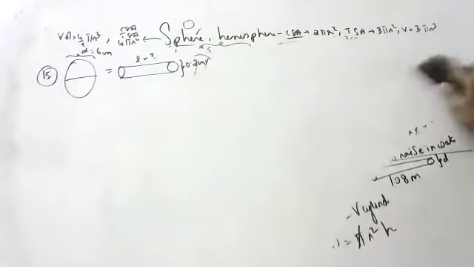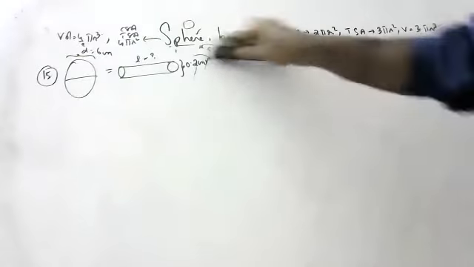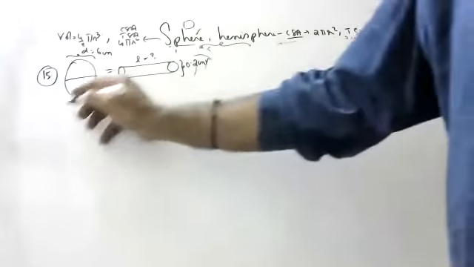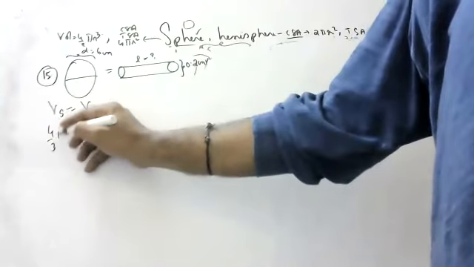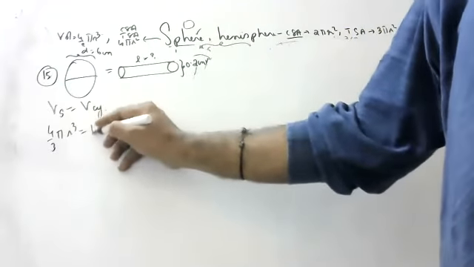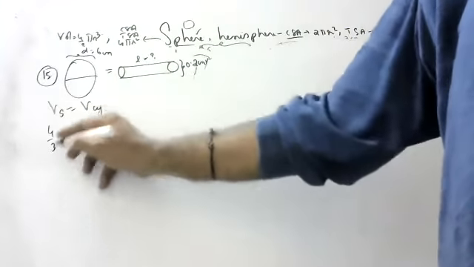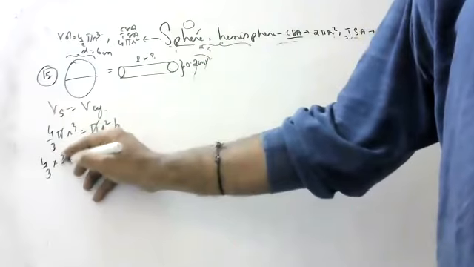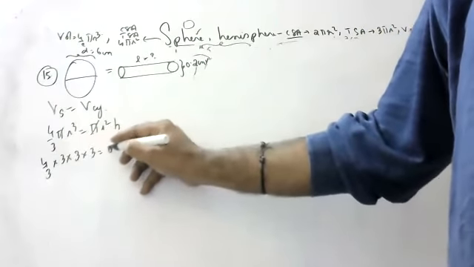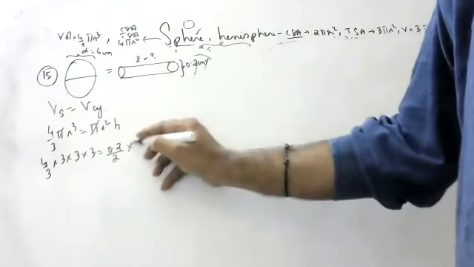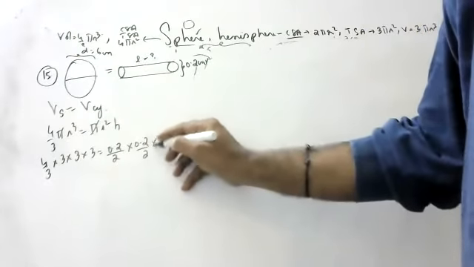Volume of sphere is equal to volume of cylinder. 4 by 3 pi r cube is equal to pi r square h. Pi cancel. So 3 into 3 into 3 is equal to r square h. So 0.2 by 2 into 0.2 by 2 into 0.2 by 2.